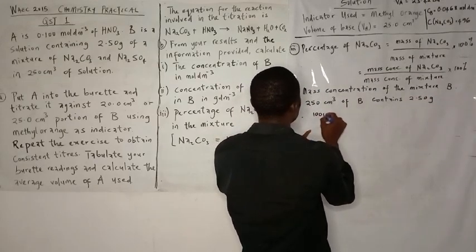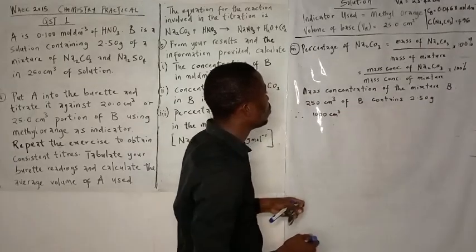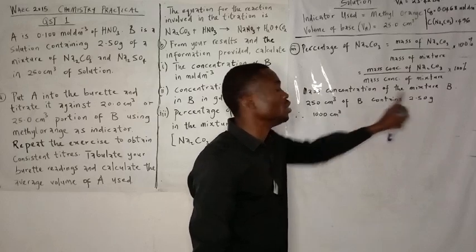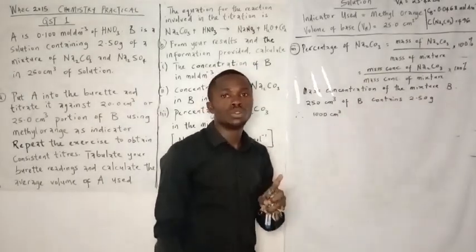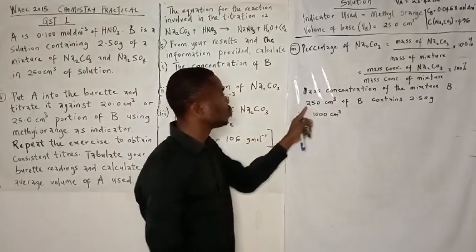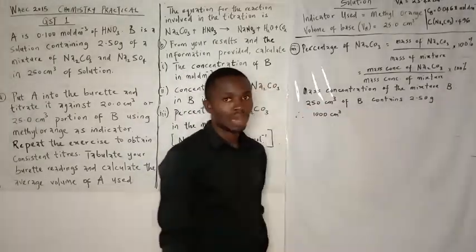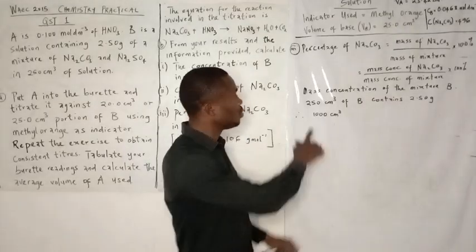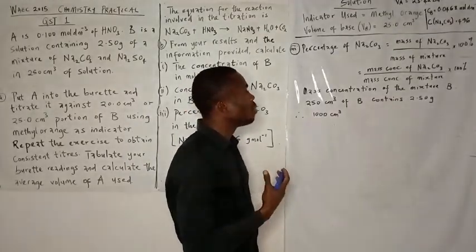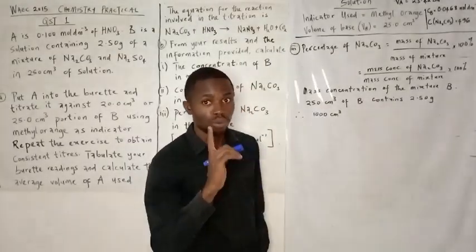Therefore, 1000 cm cube. Remember that we want to know the mass that will be dissolved in 1 dm cube, and 1 dm cube is equal to 1000 cm cube. So if 250 cm cube contains 2.50 grams, how many grams will be contained in 1000 cm cube? That is in 1 dm cube.